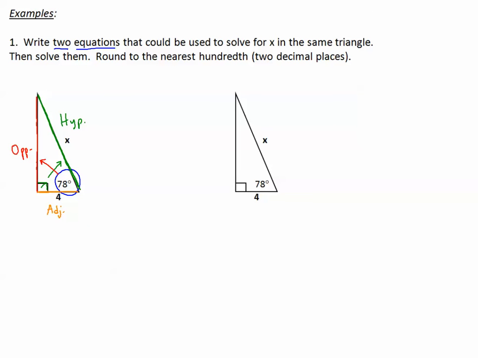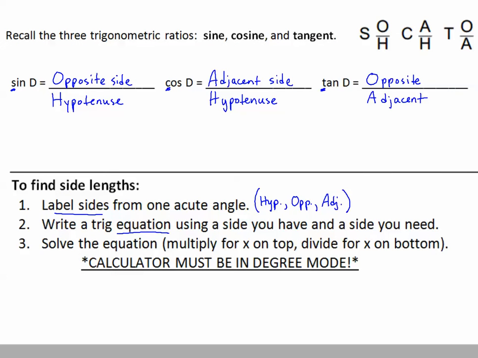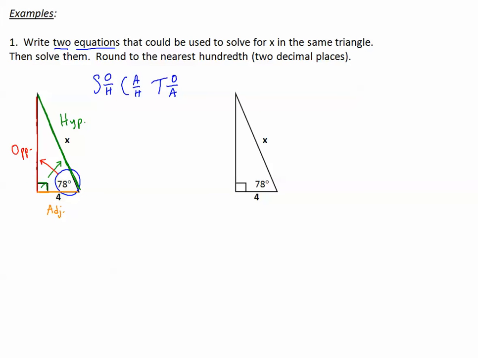Now, anytime we do trig, we want to write SOHCAHTOA. So we do that first, SOHCAHTOA. Now remember the second step. After we labeled the sides, now we write a trig equation using a side you have and a side you need. So one we have and one we need. Where are those sides? 4, that's one that we have, and x is one we need.